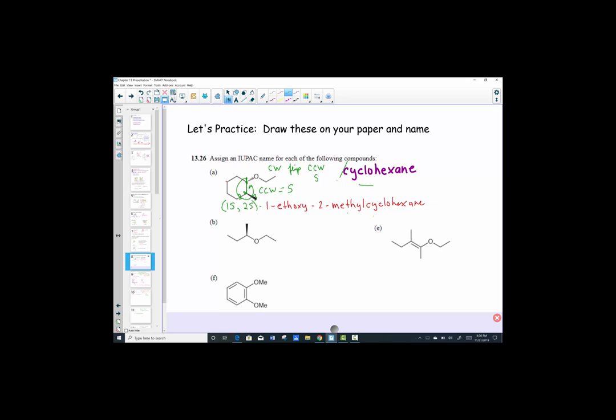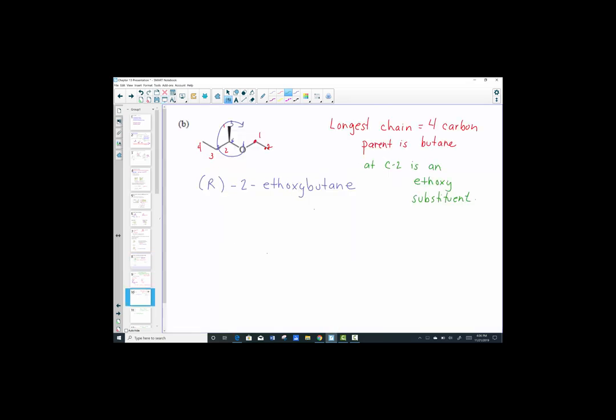Okay, welcome back. Let's take a peek at what is listed as letter B and just see how you did. Give yourself some feedback as you practiced naming. You wanted to find the longest parent chain, and you found that to be a butane, a 4-carbon chain. At carbon number 2, we had an ethoxy substituent group, 2 carbons in length.